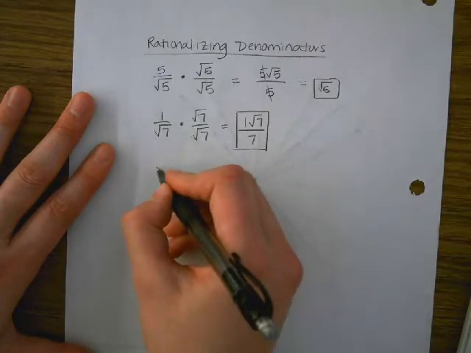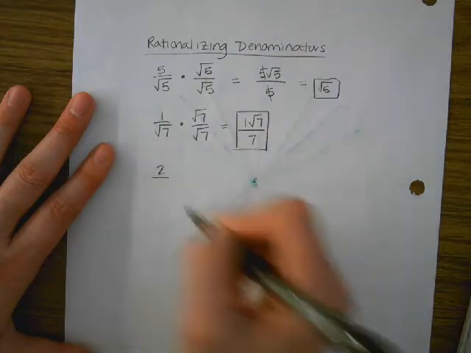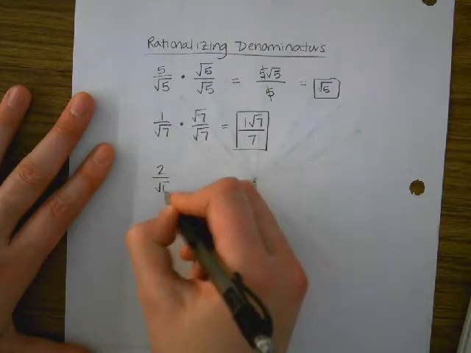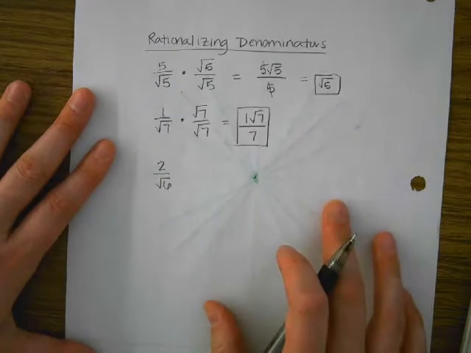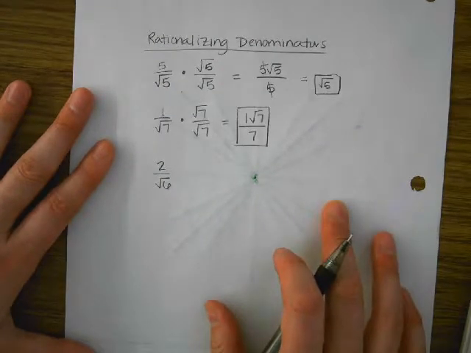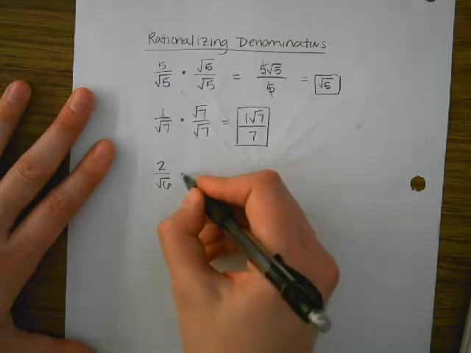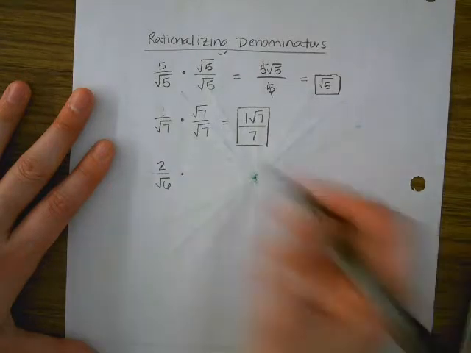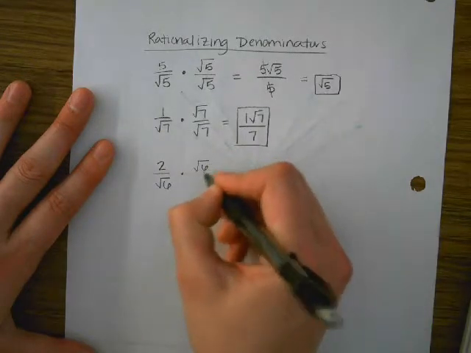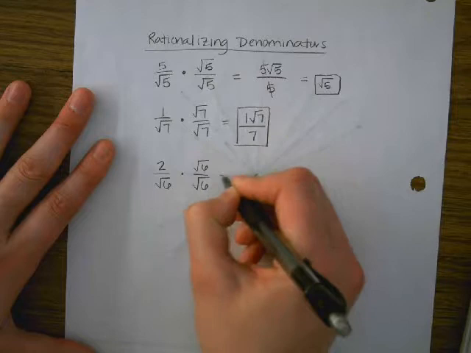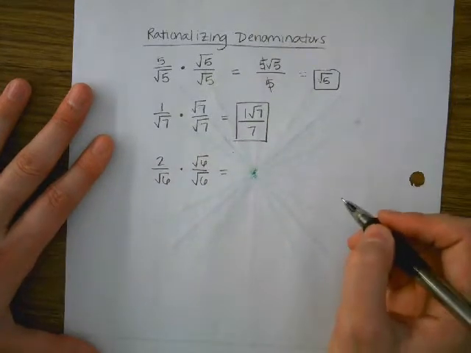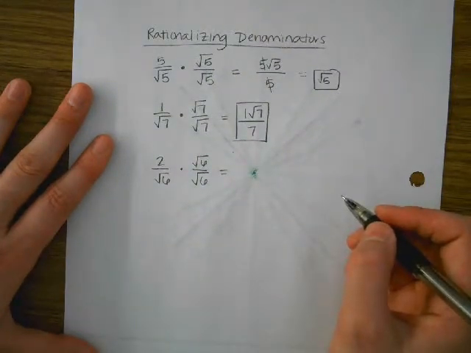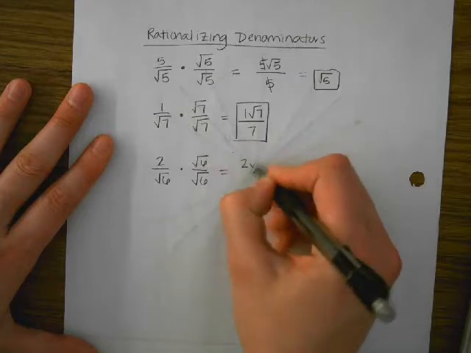What if we had 2 over square root 6? How would we fix this one? Multiply by square root 6 on the top, multiply by square root 6 on the bottom. What are we going to get on the top? 2 square root 6.